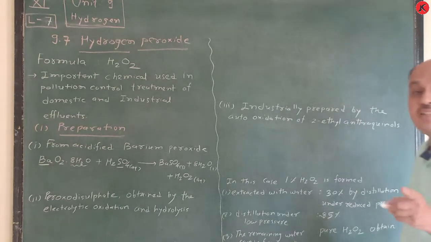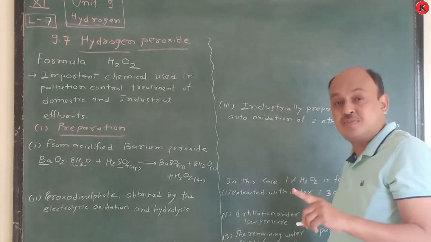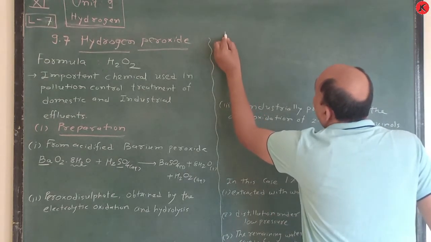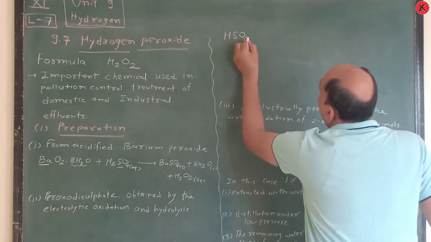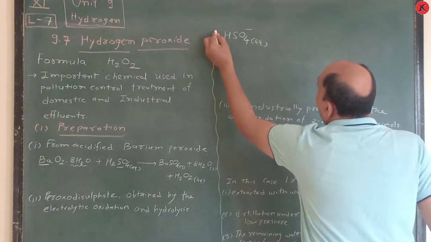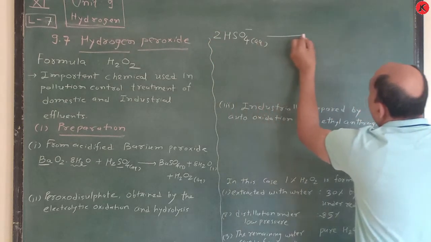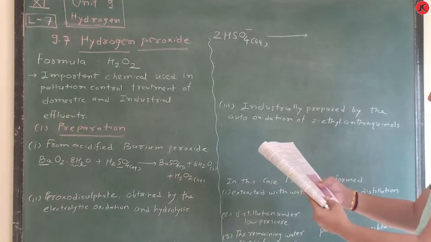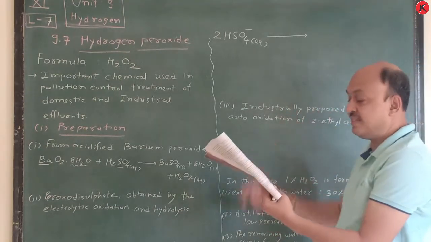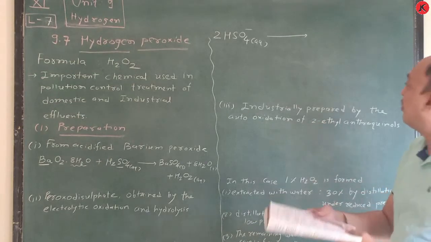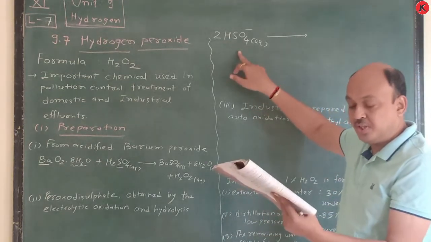This HSO4- is useful here. 2 moles of aqueous HSO4- undergo electrolysis. It is written that peroxodisulfate is obtained by electrolytic oxidation of acidified sulfate solution.